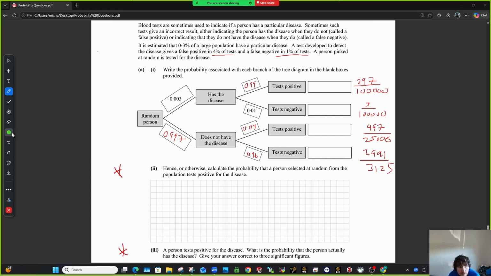All right, part 2 here. Hence or otherwise, calculate the probability that a person selected at random from the population tests positive. So these are our positive testers here. You just add them together. So the probability of a positive test, probability of P, you could say. That's really 297 over 100,000 plus 997 over 25k.